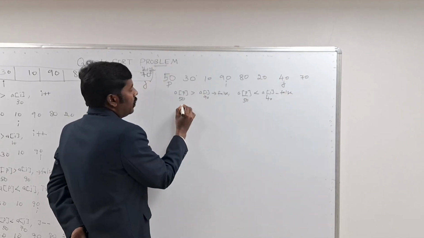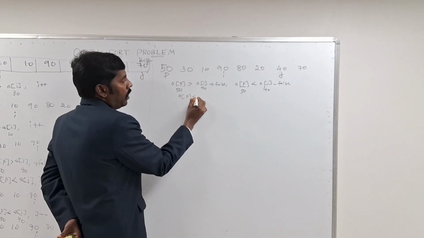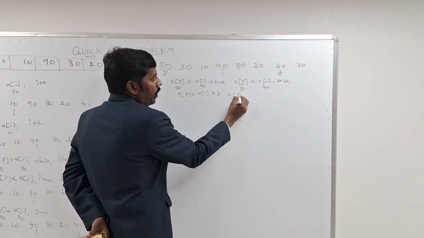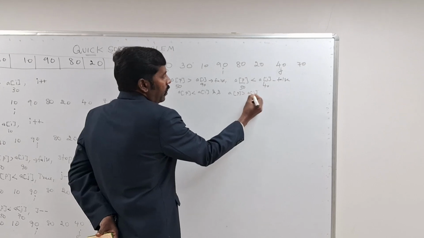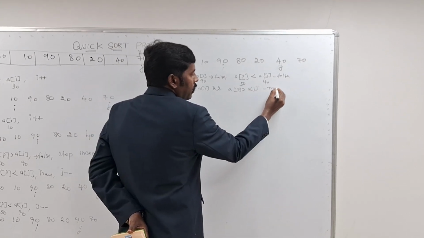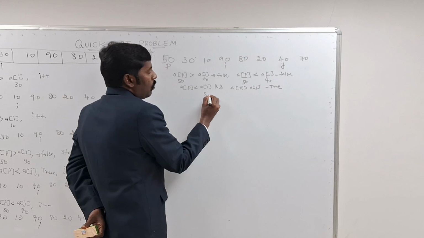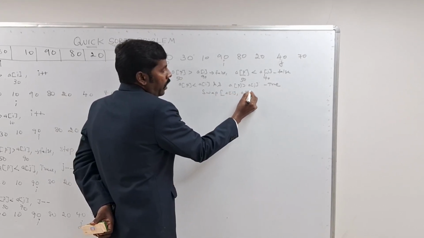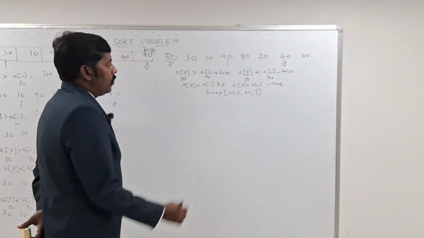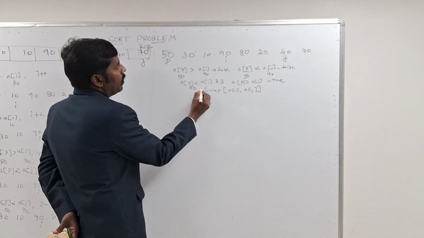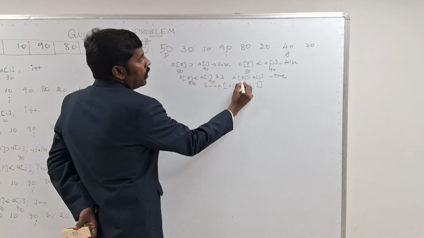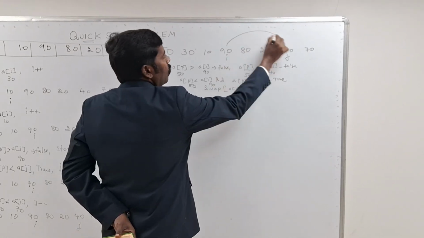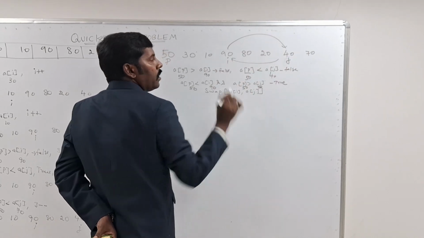In this situation, check A of P less than A of I and A of P greater than A of J. If both conditions are true, swap A of I and A of J. P is 50, I value is 90, A of J is 40. So 90 moves to 40's position and 40 moves to 90's position.